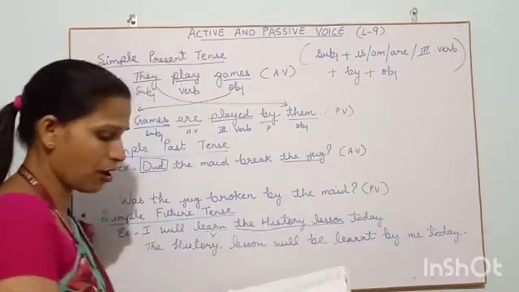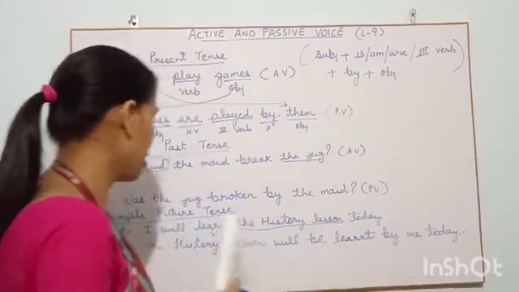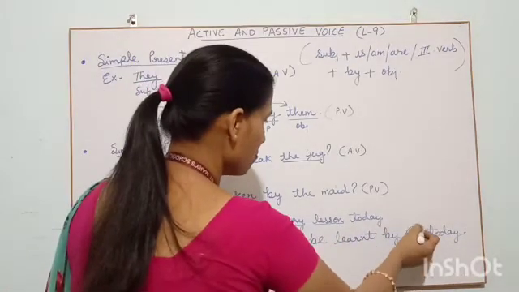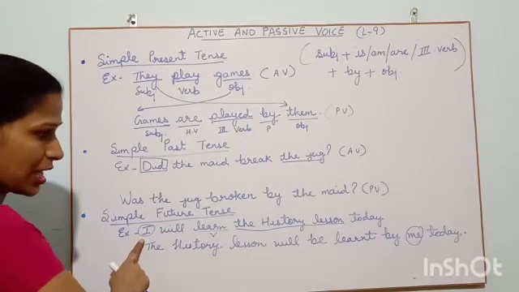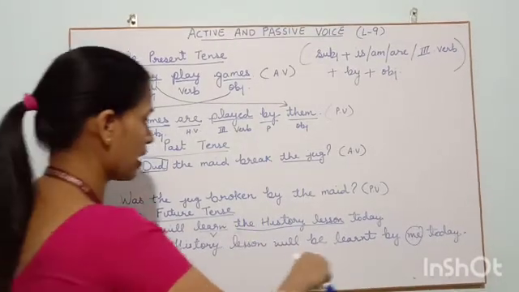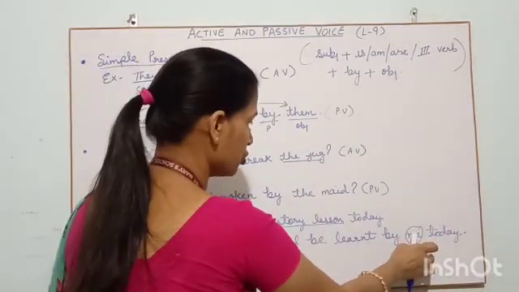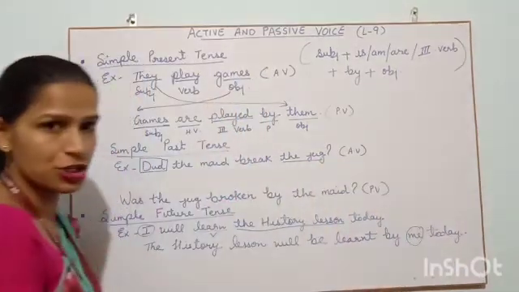Here, what is me? I has changed into me. It is your personal pronoun which is changed. Earlier, I was your subject. Here it is your object. And when you have to learn it? Today. And we have used the word today.